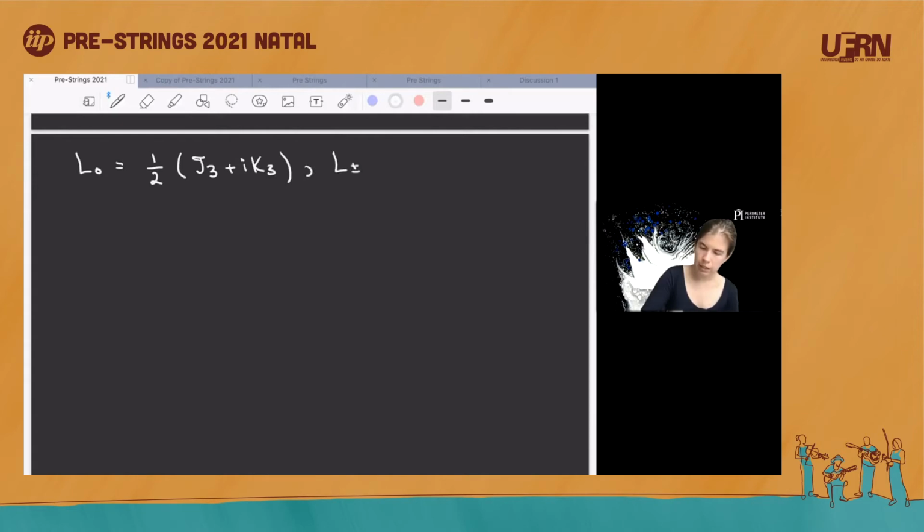And then similarly take the raising and lowering operators to be J1 plus iK1, plus minus, oh sorry, this is minus plus L, plus minus i(J2 plus iK2) divided by 2.